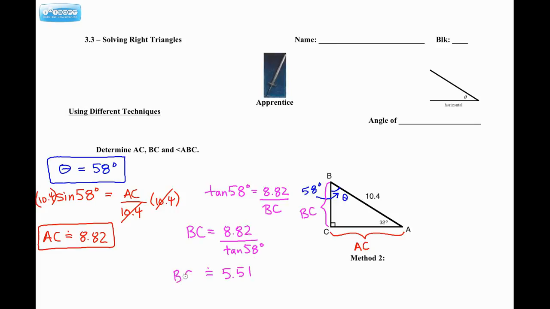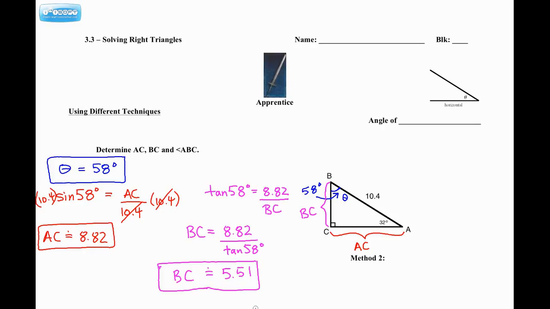Now here's the only thing you just have to be mindful of. In my calculation here, this 8.82, this was a rounded value. Okay, so this isn't quite precise. So when you're working with this calculation, what I did is I actually kept a few more decimals after this. That's what I actually used. I just didn't write it down.